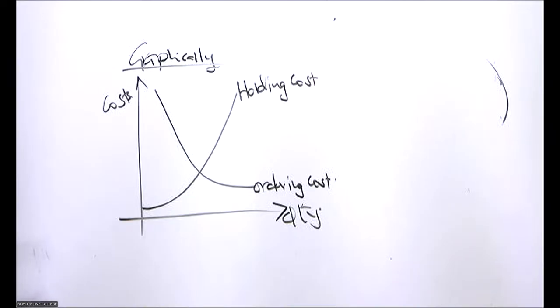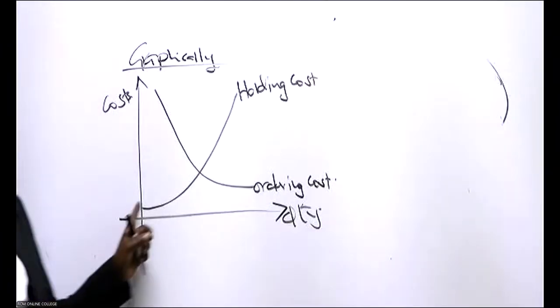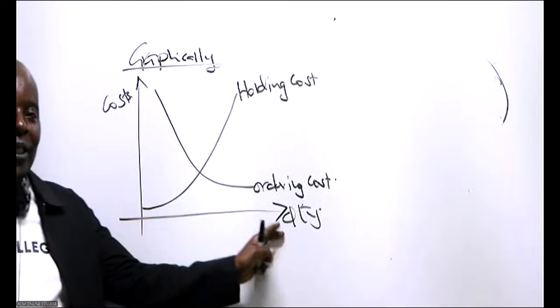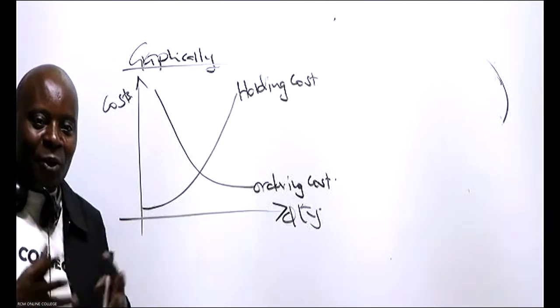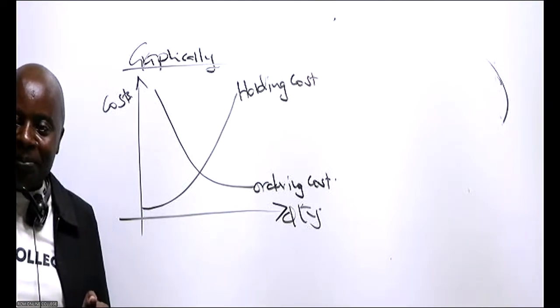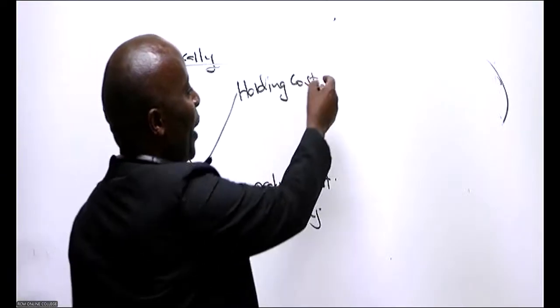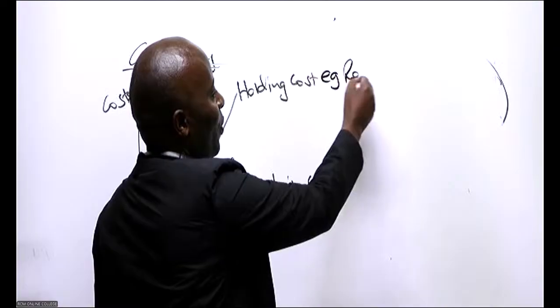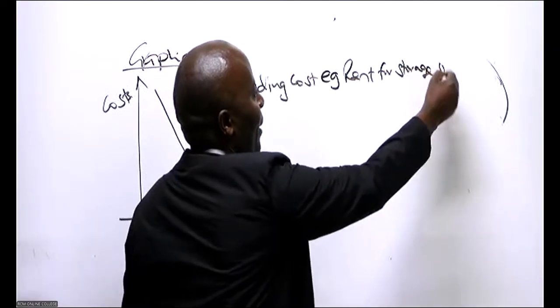All right. So graphically, we have those costs that increase as the quantity that we bring on board increases. Those costs, we call them costs of holding stock, holding cost. Good examples will be rent for storage space.